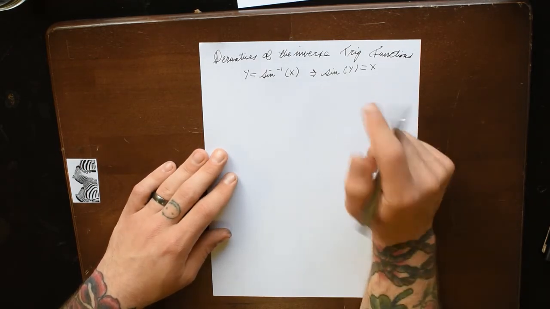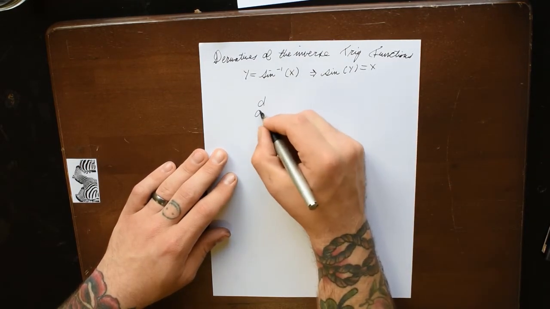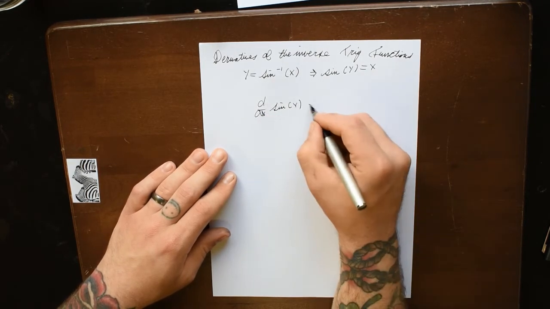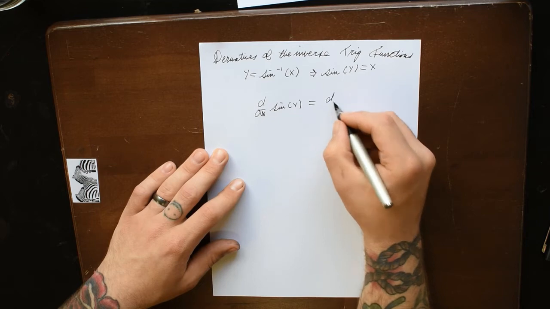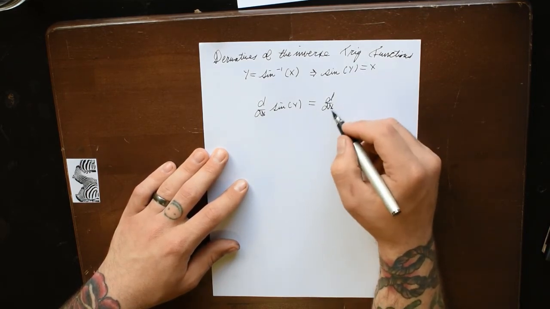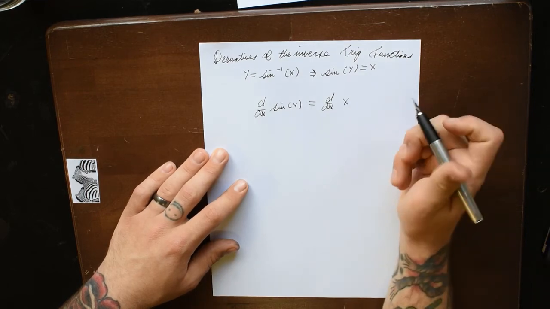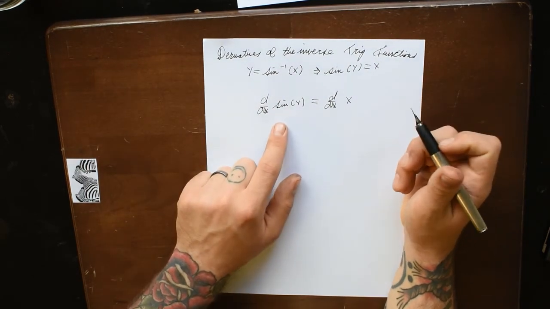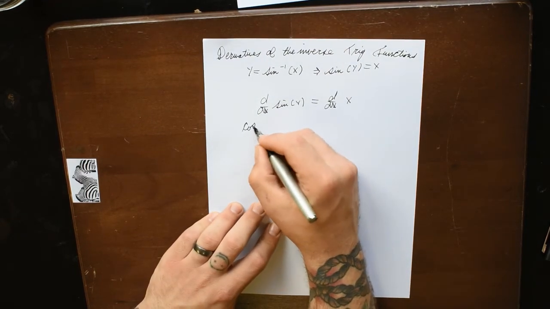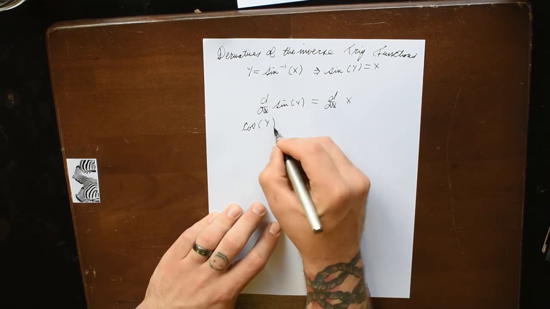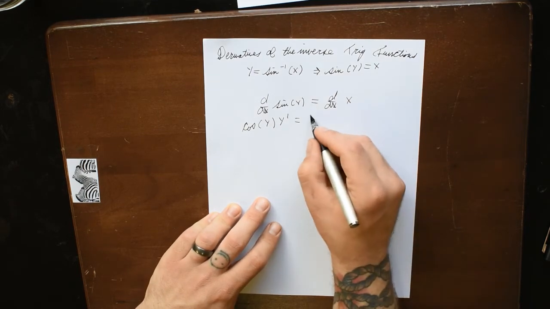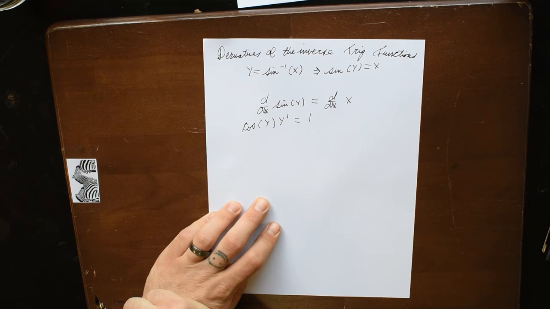And if the sine of y is equal to x, that means the derivative with regards to x of the sine of y has to be equal to the derivative with regards to x of x. Well, what this says is, by the chain rule, the derivative of the outside, cosine, with the inside, times the derivative of the inside has to be equal to the derivative of the right-hand side.